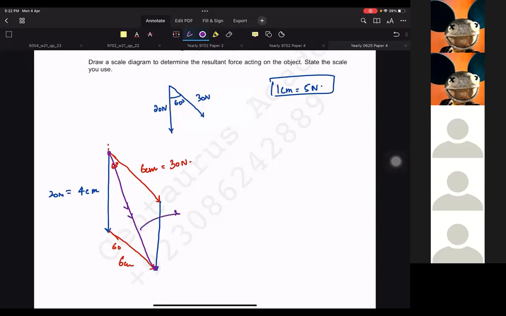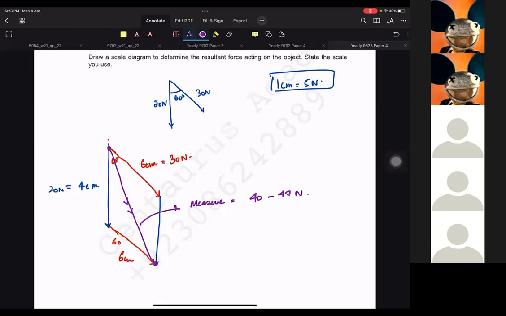Now you measure this, and according to the mark scheme, whatever that length is when you measure, it would be in some centimeters, but it should be around 40 to 47 newtons.